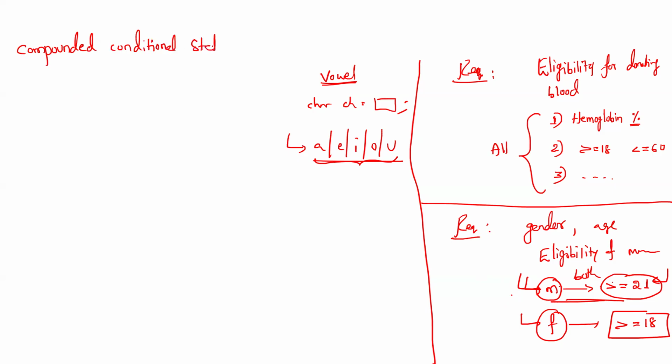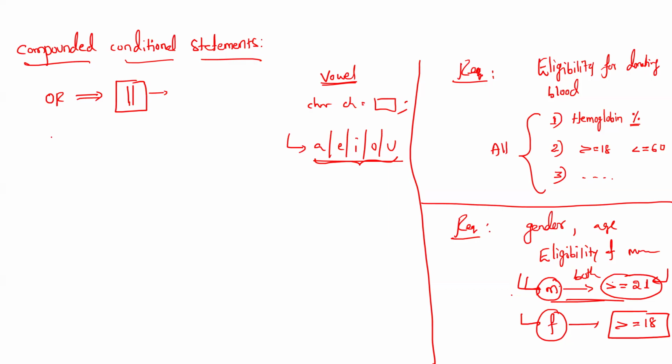So what are those compounded condition statements? There is one operator called OR. In pronouncing, we'll call it the OR operator, but symbolically, in Java we write it with two vertical lines. This is the OR operator, and this is the symbol we are going to use.